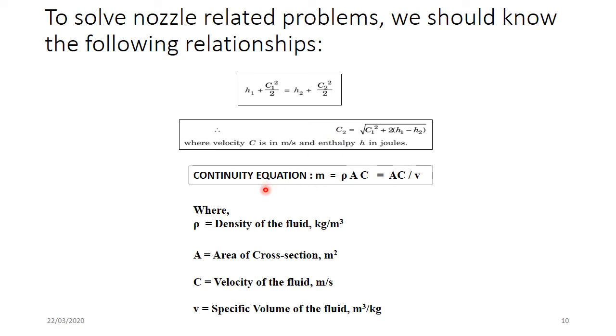And one more equation is also required, the continuity equation. This equation we already discussed in the last semester in fluid mechanics. Again I am repeating it for you. M is the mass flow rate of the fluid.